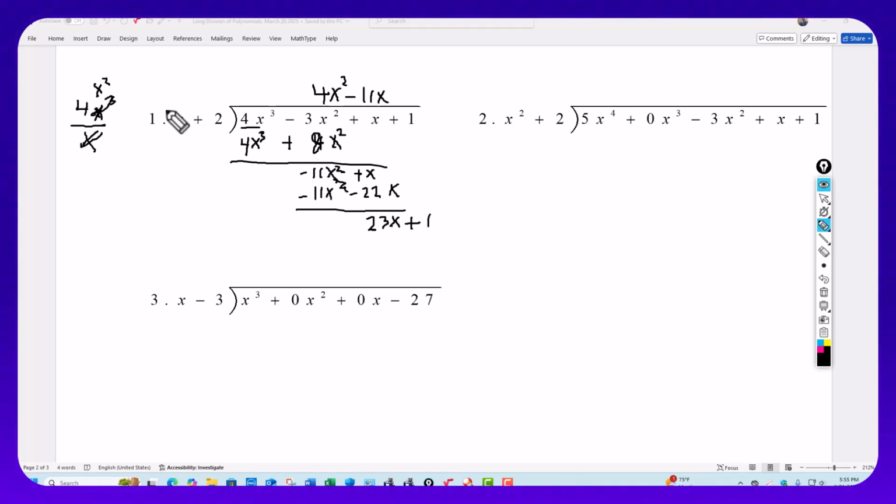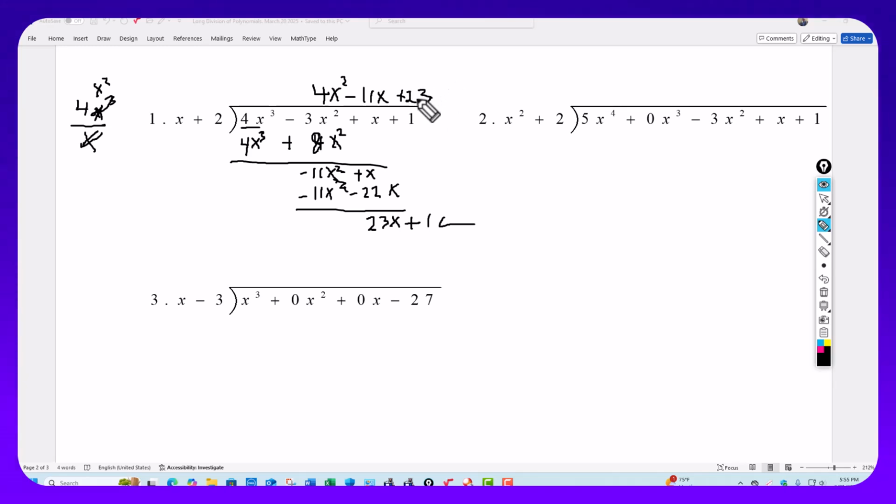Now you're going to continue doing this until the degree of the remainder is less than the degree of the divisor. This has degree 1, this has degree 1. It's not less yet. So I can go another time. So x into 23x is a plus 23.